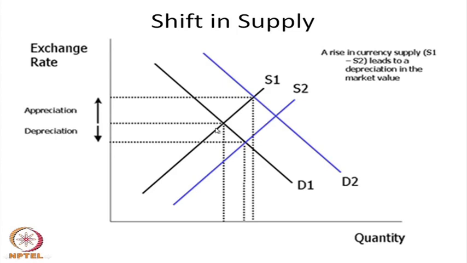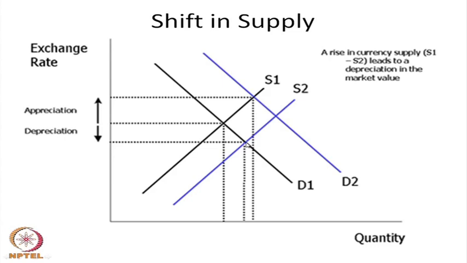When supply increases, with more supply of foreign currency in the domestic economy, the supply curve shifts outward, a parallel shift, and the new supply curve is S2. The quantity increases, hence with more supply of foreign currency, the domestic value of foreign currency depreciates, and a new equilibrium takes place here. The earlier equilibrium was here.